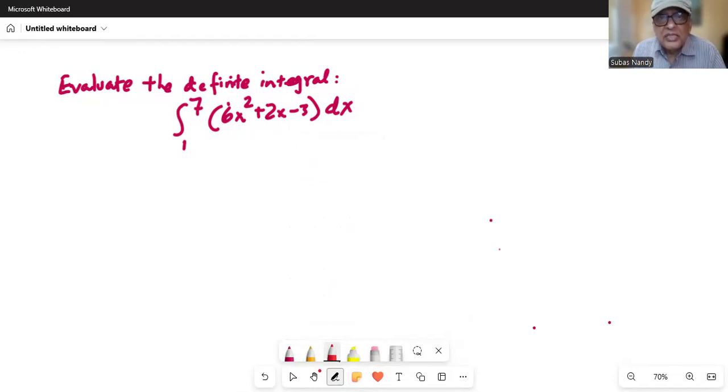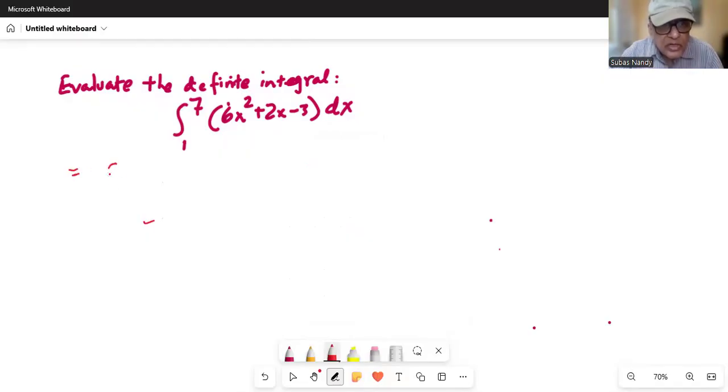It says evaluate the definite integral. The limits of integration are from 1 to 7, and the algebraic expression is 6x squared plus 2x minus 3 dx. So let's do it. I'll just write this separately.